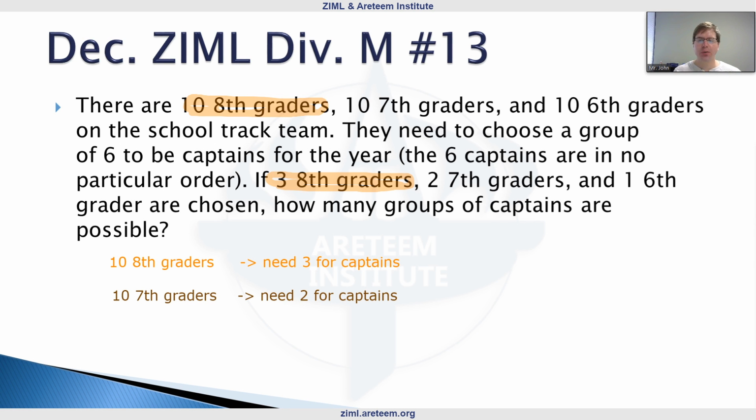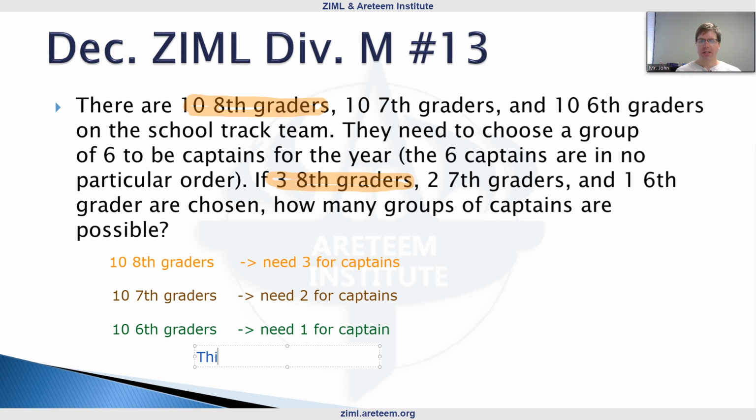Now, this should remind us exactly of what? This should remind us exactly of our permutations and combinations examples, right? Because this is exactly here. We have n objects, right? We want 3 of them, or 2 of them, or 1 of them, right? These are exactly our permutations or combinations. Now, which one of them is it?